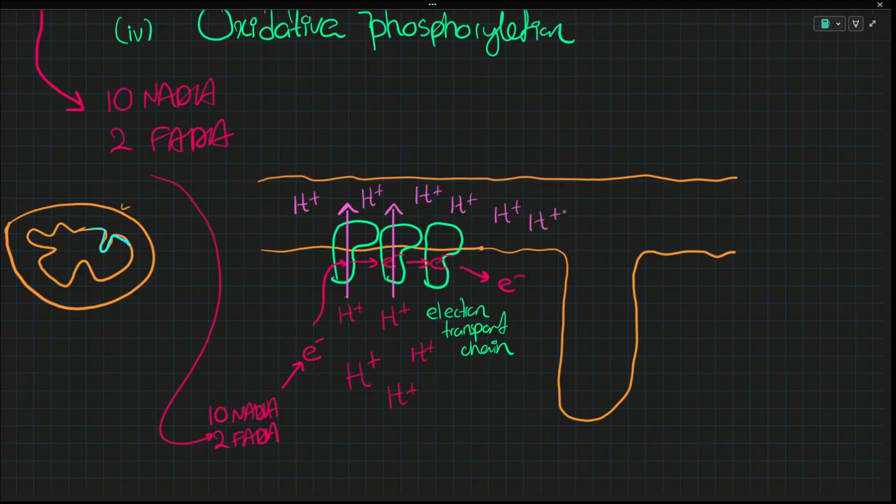As a result, so many electrons are being emptied onto the electron transport chain. These NADHs and FADHs are losing the Hs, so that becomes H plus. There's so much energy and so much pumping going on, so many protons are pumped into the intermembrane space.